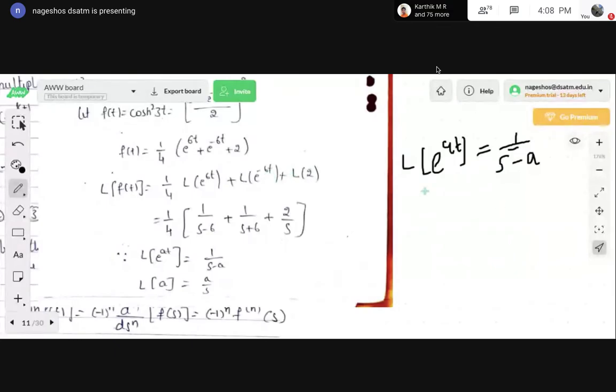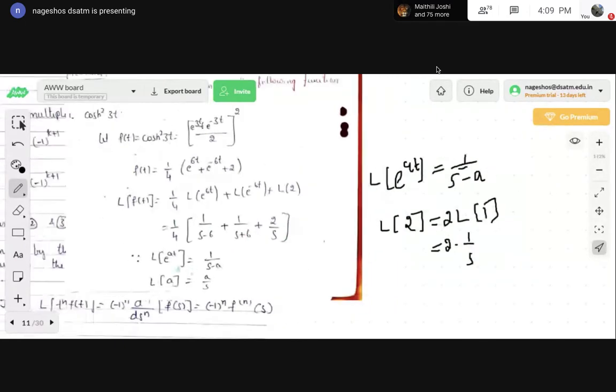The Laplace transform of e power minus 6t is 1 by s plus 6. Then for the Laplace transform of 2, write 2 outside; the Laplace transform of 1 is 1 by s. So 2 by s. Correct? So the answer is 1 by 4 into 1 by s minus 6 plus 1 by s plus 6 plus 2 by s. This is the answer.